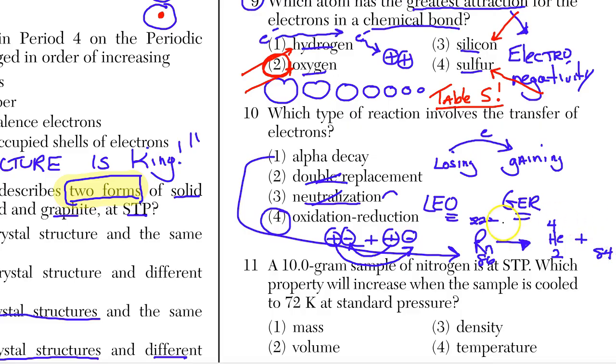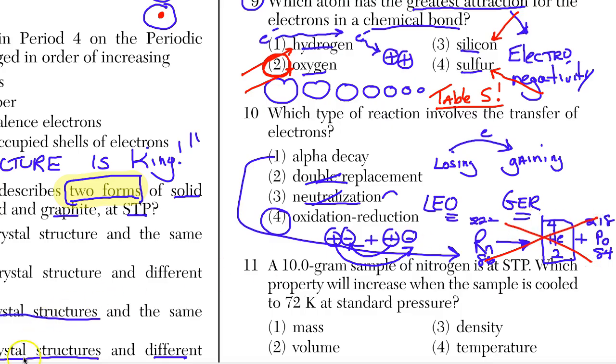What number plus 4 equals 222? That's 218, and this would be polonium, and that gives off an alpha particle, and that's a nuclear equation. That's basically losing protons and neutrons. It has nothing to do with electrons. Nuclear chemistry has nothing to do with electrons.